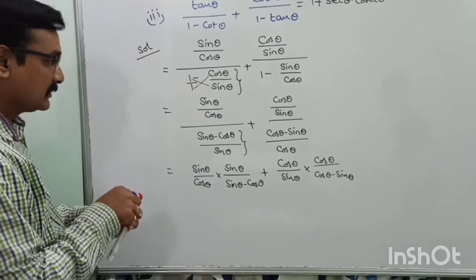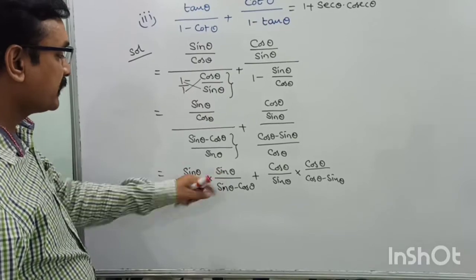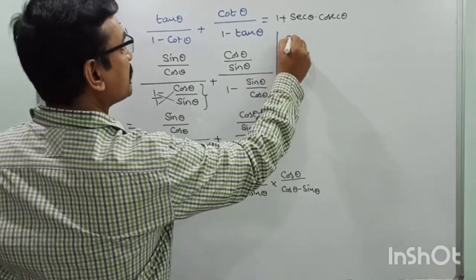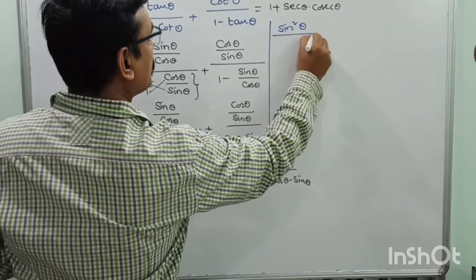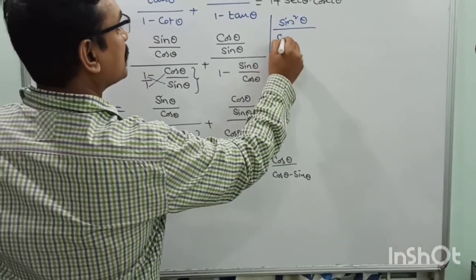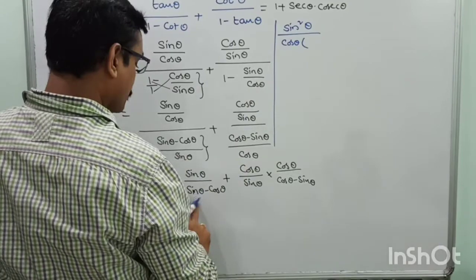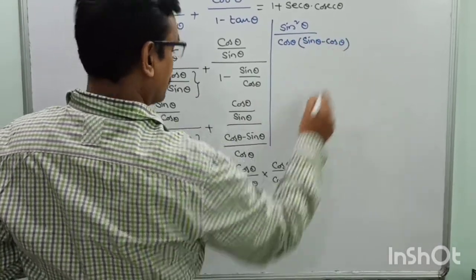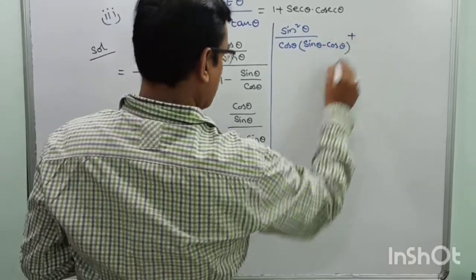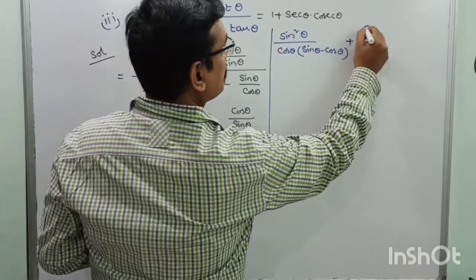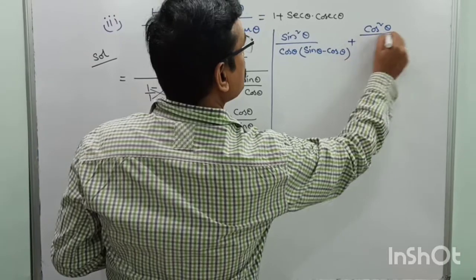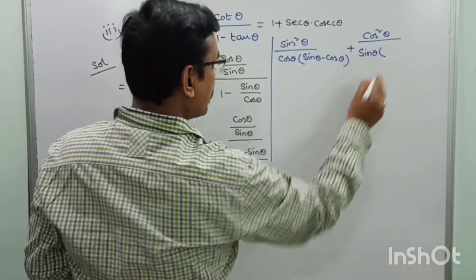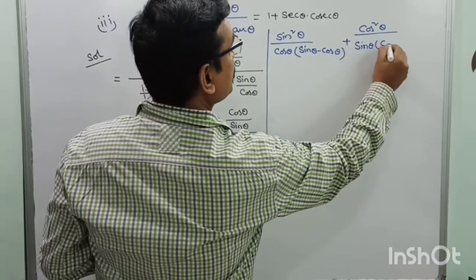Now the numerator place sine theta into sine theta we can write here sine square theta by denominator cos theta into sine theta minus cos theta. Here plus cos theta into cos theta, cos square theta by sine theta into cos theta minus sine theta.